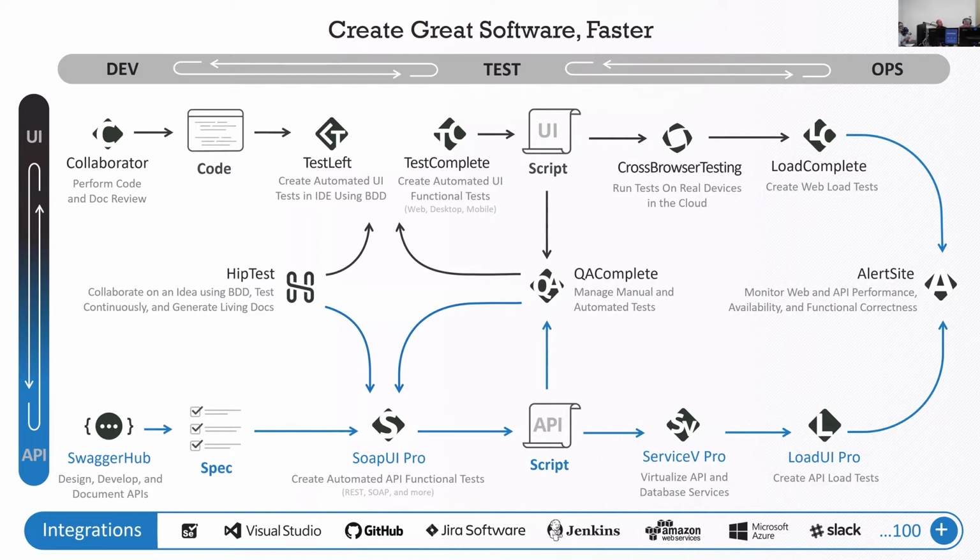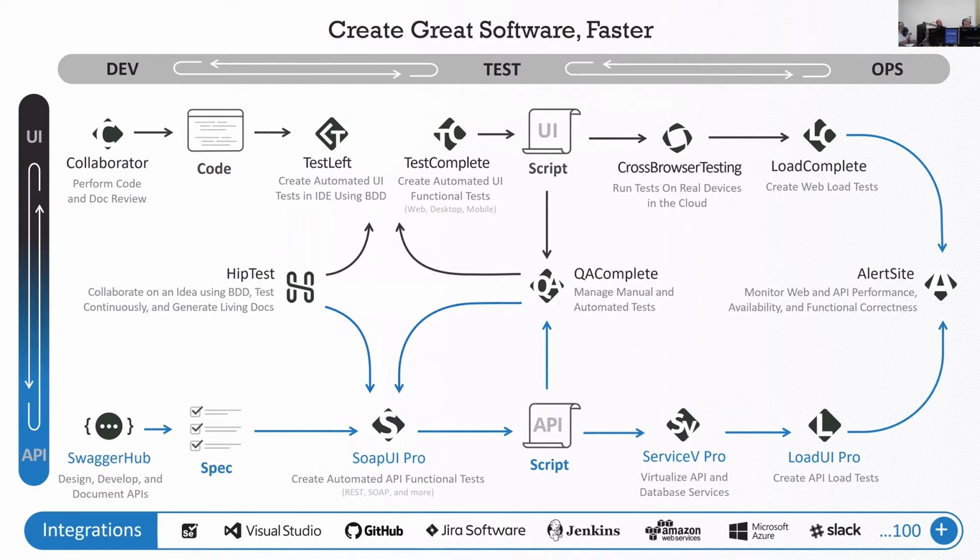I know we're not talking about UI, but just real quick, you can review your code, test in automated UI, or create automated UI tests in your IDE. Then you can also use a product called TestComplete, which is functional testing for web, desktop, and mobile. And cross-browser testing helps you run those tests on real devices to test how you perform on different browsers.